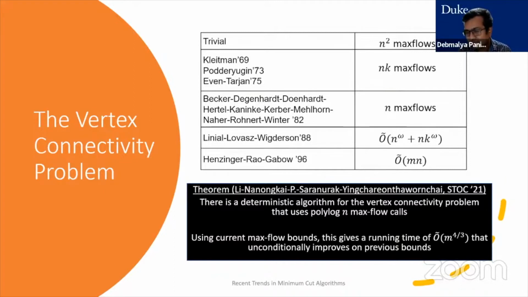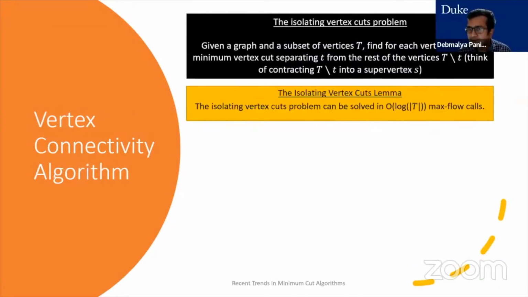As you can imagine, it's again going to be using isolating cuts. Every time you see polylog n max flow calls, the right guess is that isolating cuts are involved somehow. But now we will be using the isolating vertex cuts problem. I have just one clarifying question.